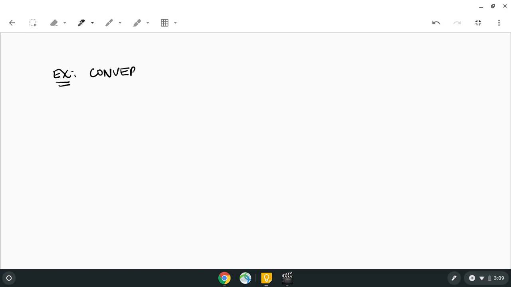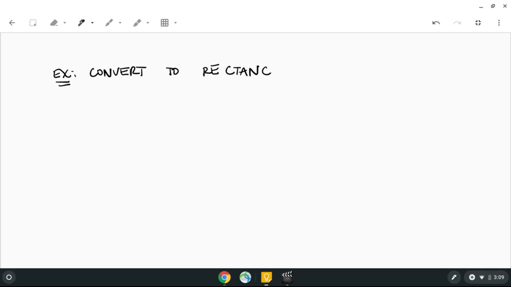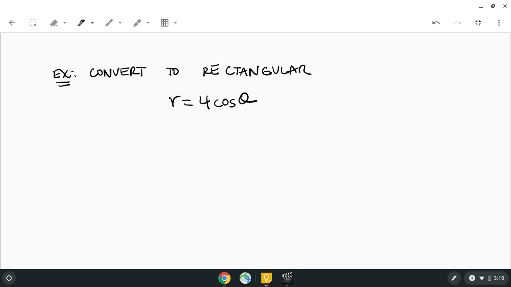So let's go ahead and convert to rectangular. Suppose that I have this equation, r equals 4 cosine theta. Now it's the opposite. We don't want any r and we don't want any theta.